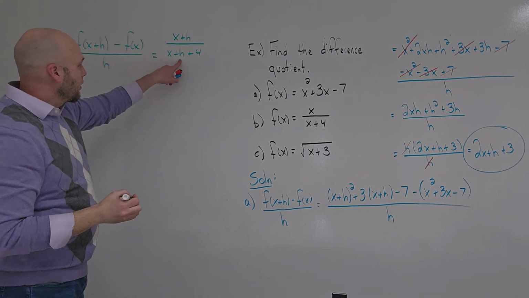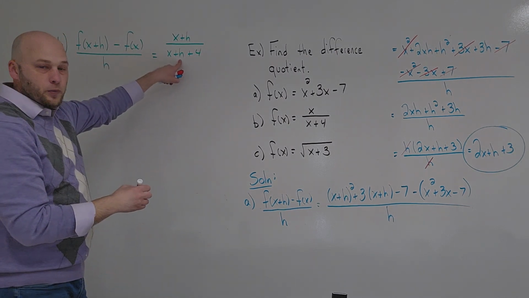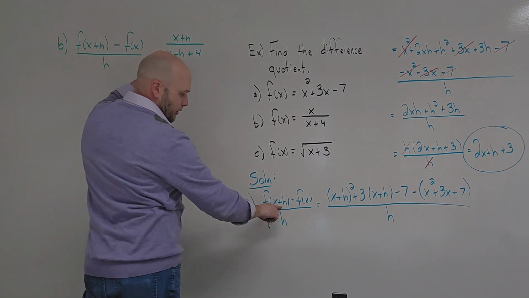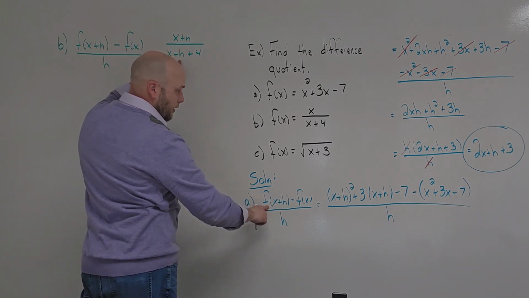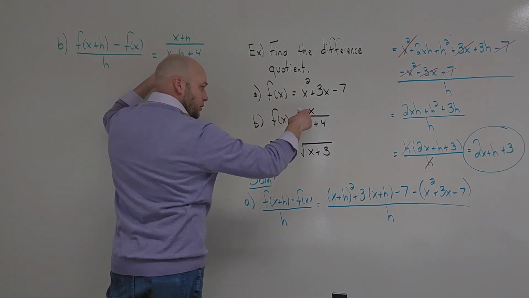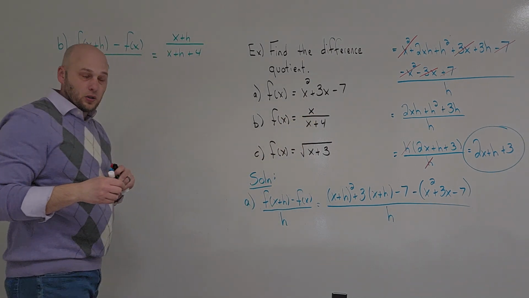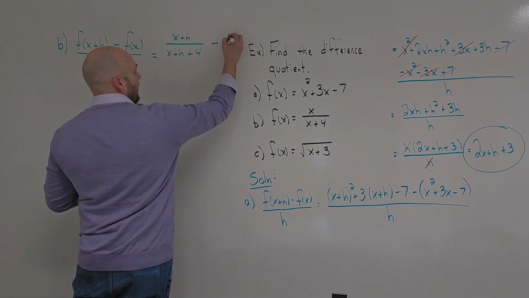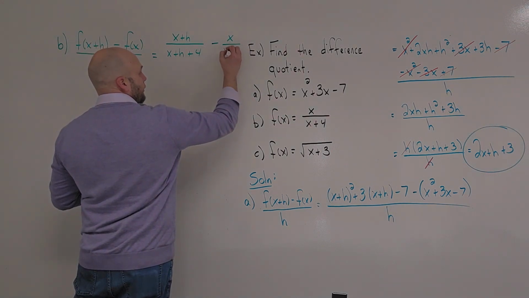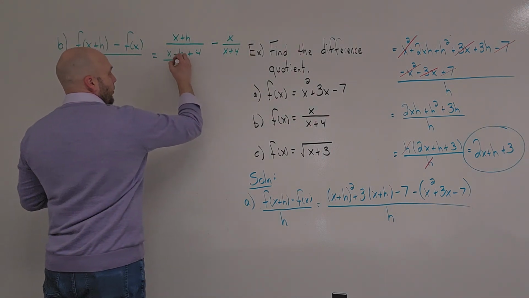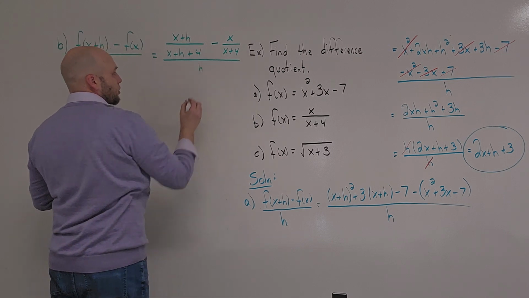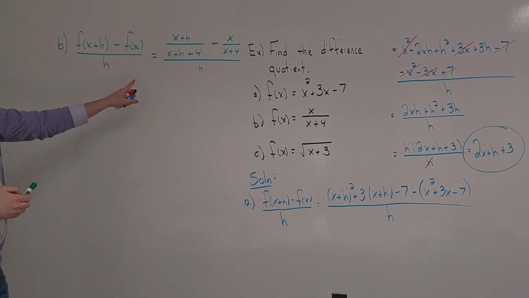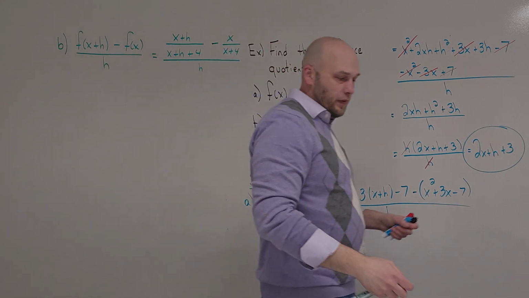So this right here is f of x plus h. So once again, it's x plus h is my input plugged into the function f. For the function f, inputs go in both of those two x locations. Minus the original function, so minus x over x plus 4, and then it's that whole thing divided by h. This then is what we need to simplify.